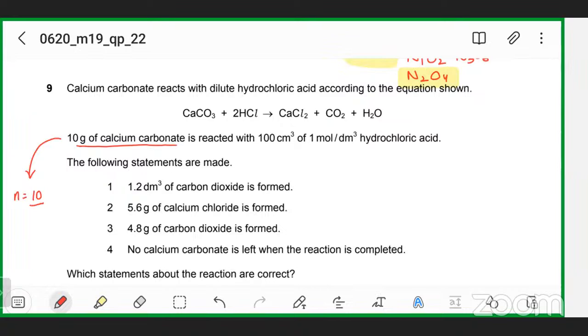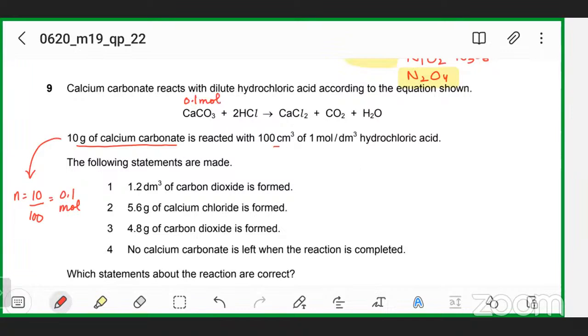What is the MR? It's 100. So that means 0.1 moles. So this one is 0.1 moles.